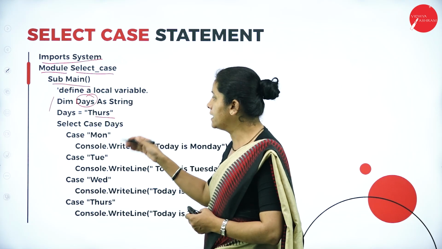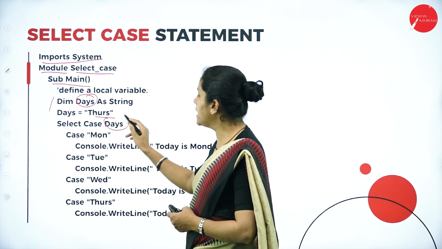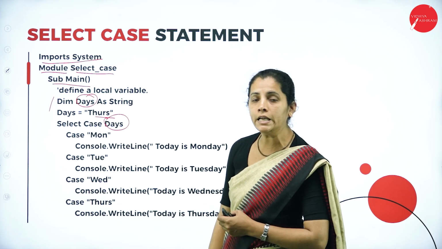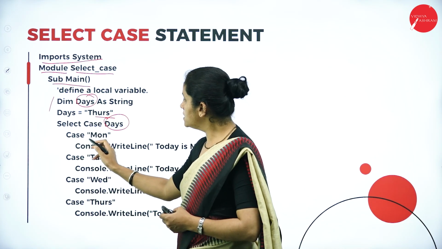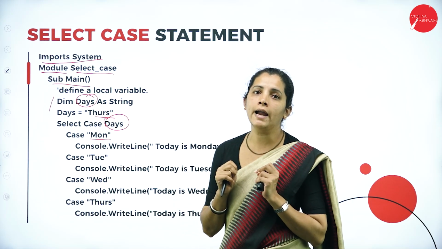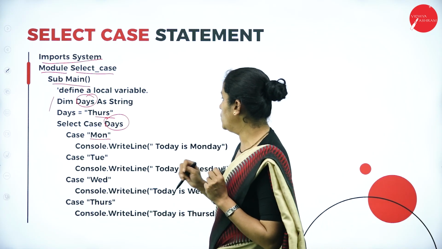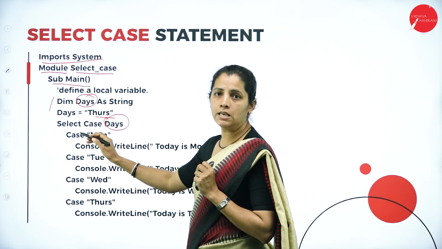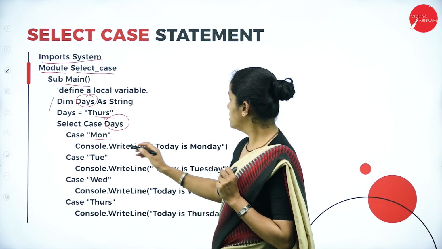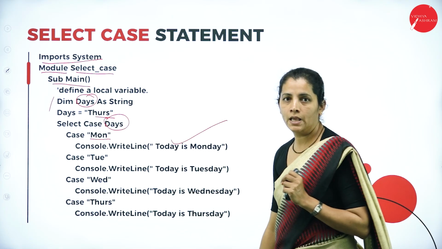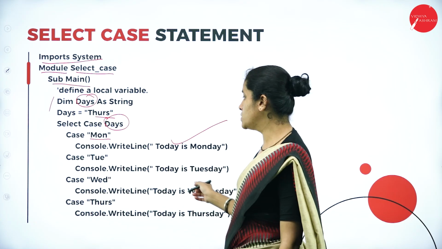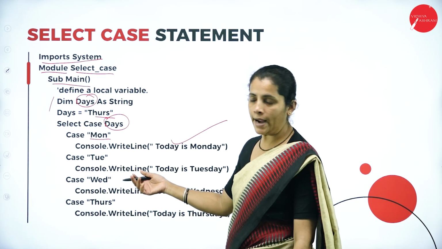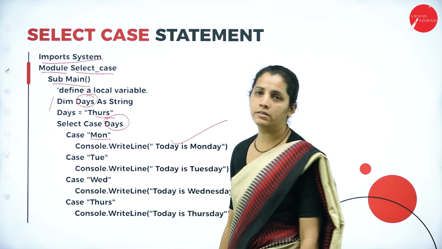In my select case, what's my expression? That's nothing but days. In case, since it is a string, I write within double quotes. If the case is mon, M-O-N, then it is Monday. If the case is tu, then it is Tuesday. If the case is wed, then it is Wednesday.